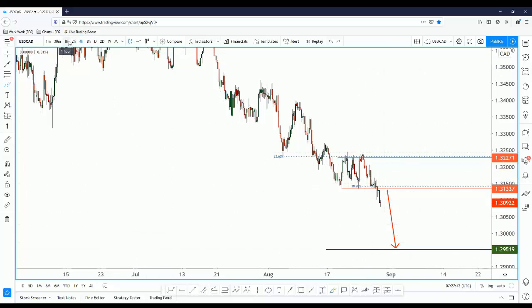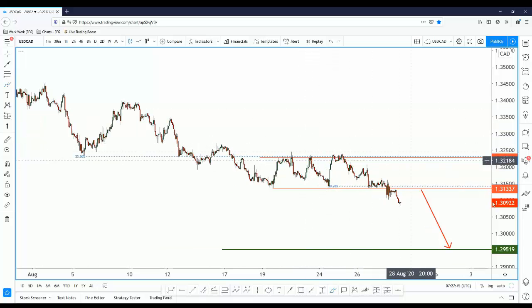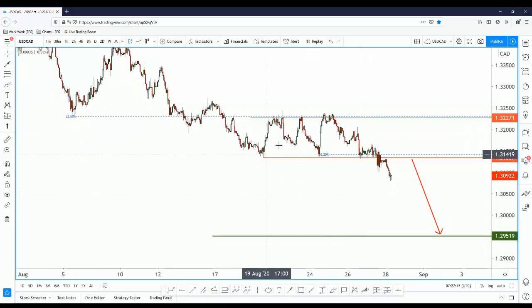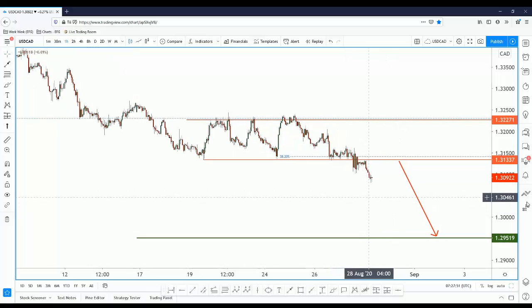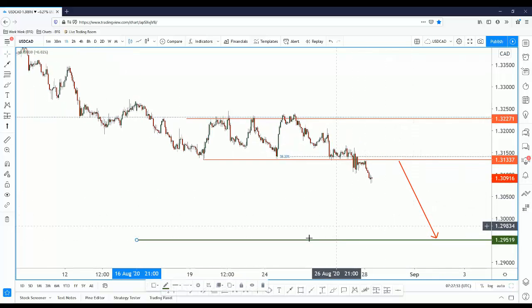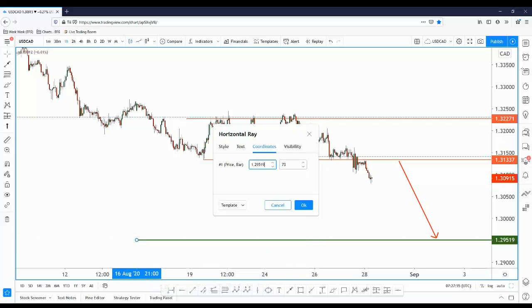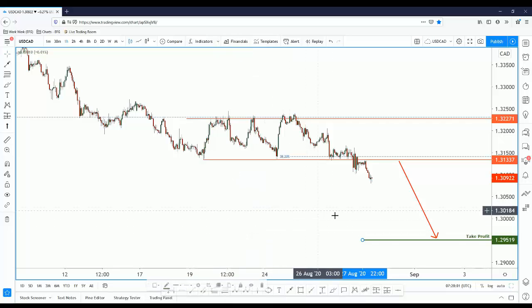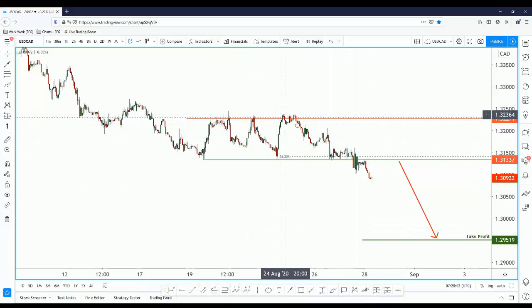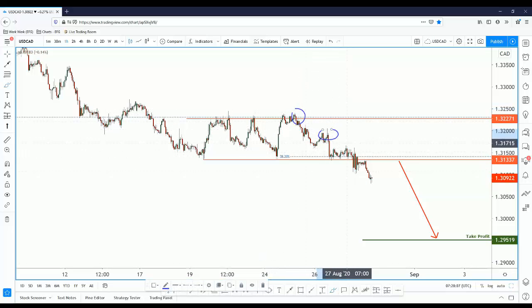Let's just quickly go down to the 1 hour to try and fine tune it and see whether there are any hints that the market will give us to really fine tune our entry. So I'll put this as our take profit. We also see that price has steadily been making lower highs, and that is a trademark of a market in the downtrend.